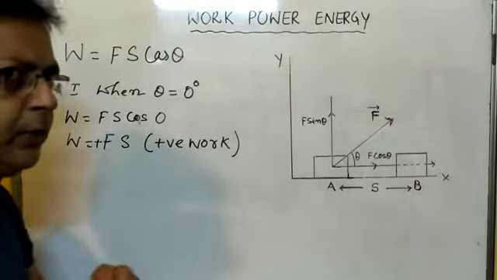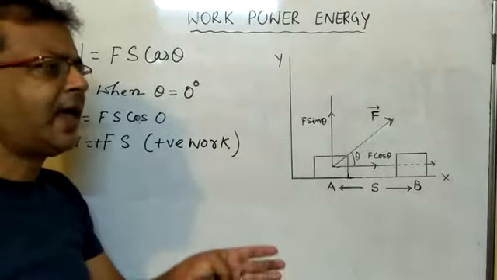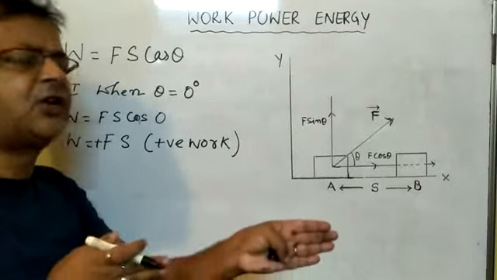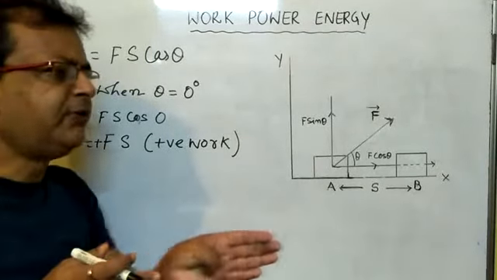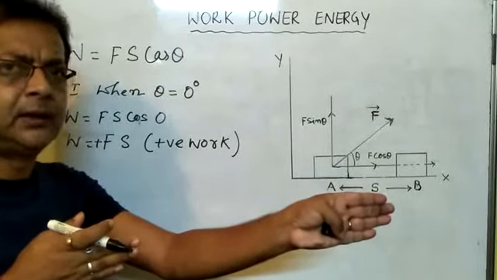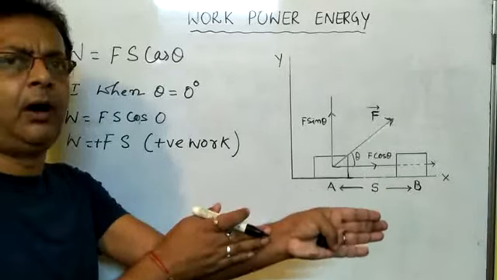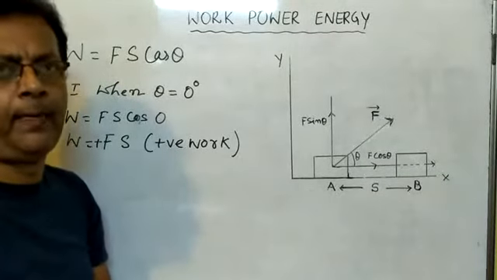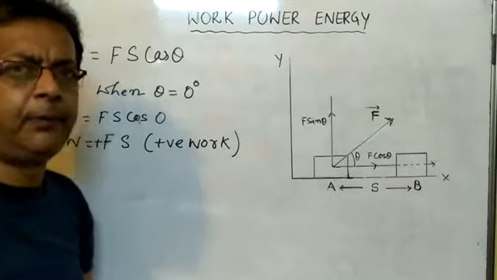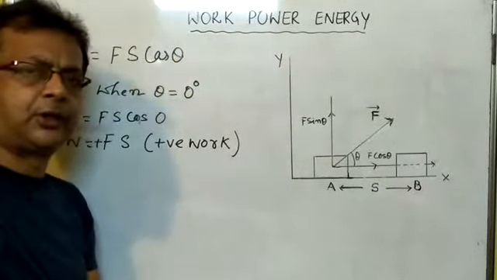So, what is positive work? What are the examples of positive work? Say, an engine is pulling a train. The engine is moving in this direction, and the train, that is the compartments, are moving along the same direction. That is an example of positive work. Now, let me give you another example of positive work. Suppose you have a ball and you drop it.